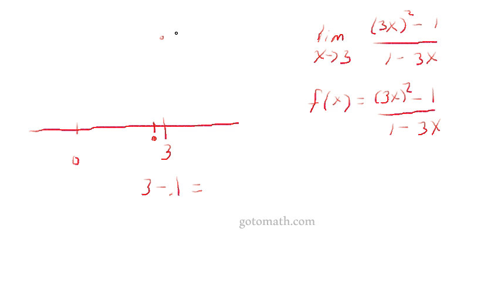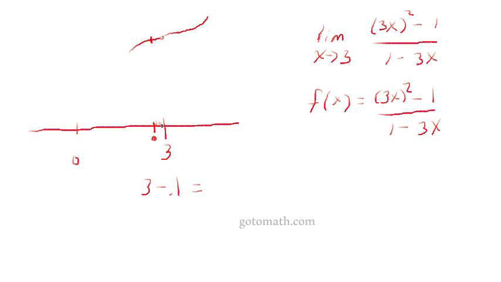We'll just say this is part of the graph right here. Now I've got a hole marked in the graph right here, but there's not actually a hole at 3. The hole is at 1/3. But anyway, we're coming in, getting our y value here, and then we're getting closer.